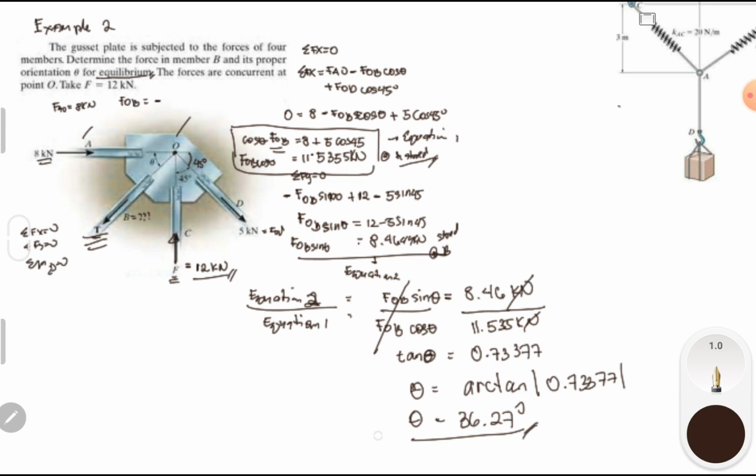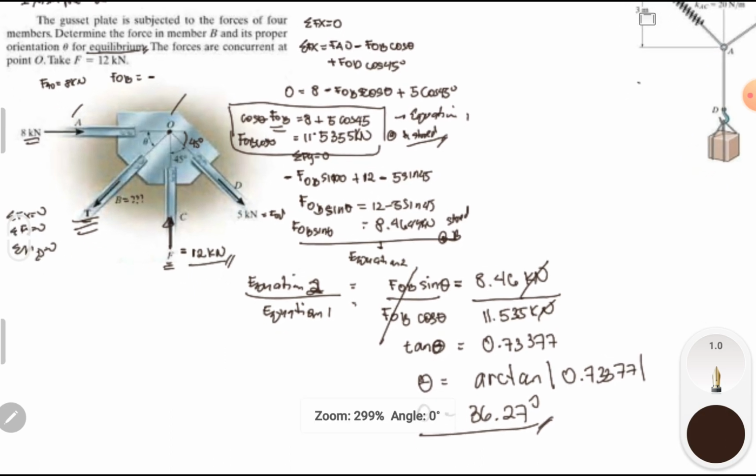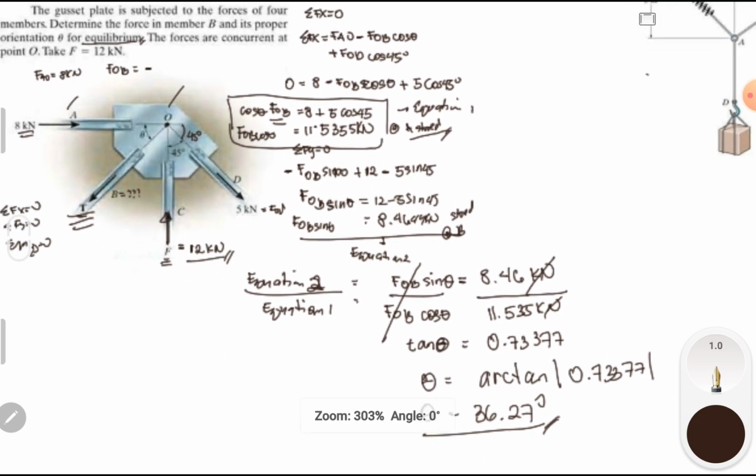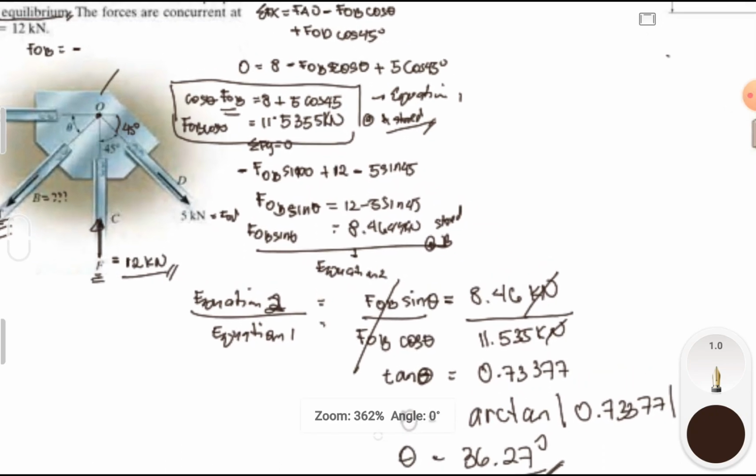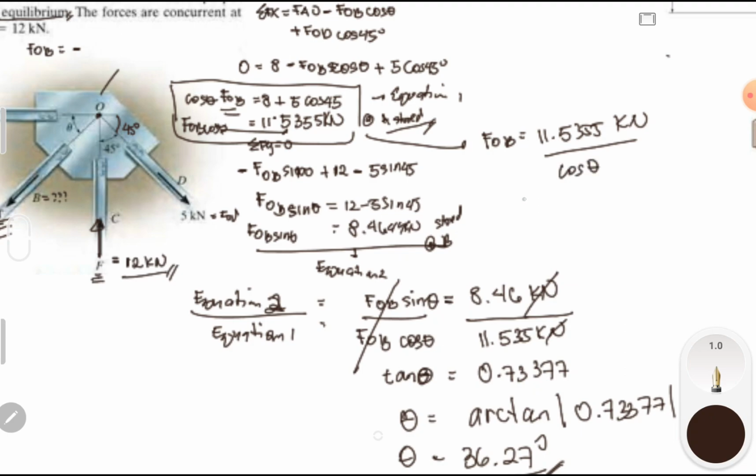Okay, but what would be our FOB? So our FOB can be solved in either equation 1 or 2. Particularly, let's use your equation 1. So my FOB is equal to 11.5355 kilonewton divided by, so we bring down the cosine theta, we divide everything by your cosine theta.